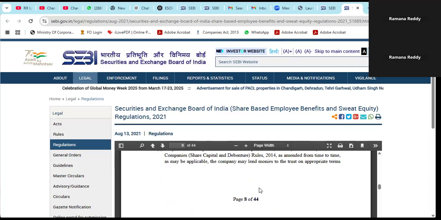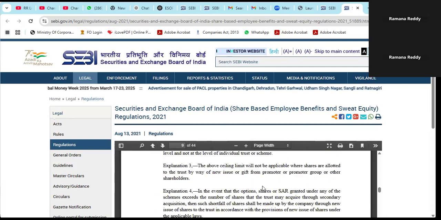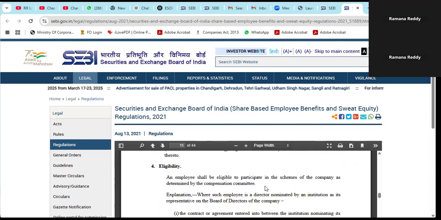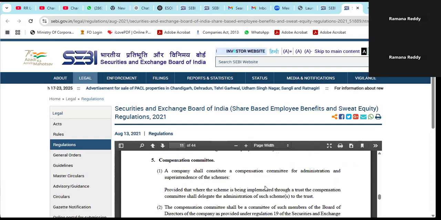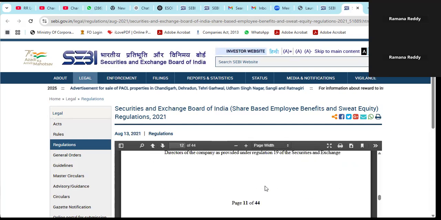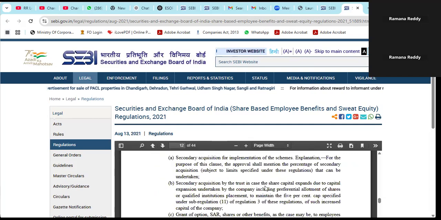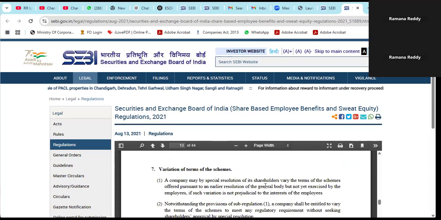We discussed the implementation of the schemes and these percentages and limits. We clearly discussed where it is applicable, how it is applicable, and what the limits and eligibilities are. We discussed eligibility, the compensation committee, and shareholders' approval, where shareholders' approvals are required.